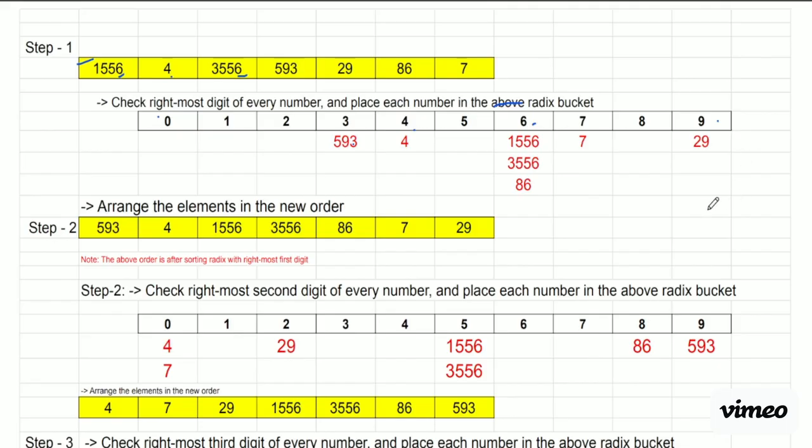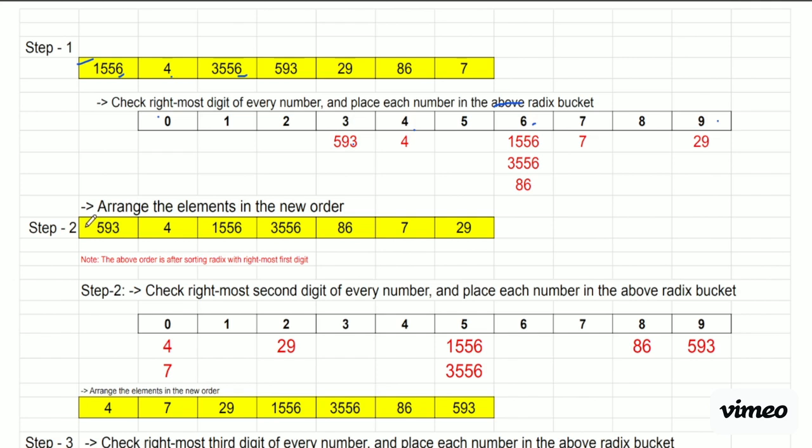Next, as we can see, we write the elements in the new order. How so? We start from the first number in the leftmost bucket, in the smallest radix bucket. In this scenario, the radix 3 bucket has the first number, 593.